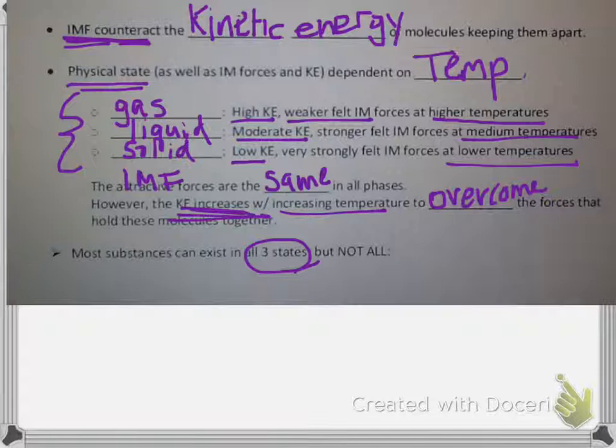For example, carbon dioxide. Carbon dioxide, we know generally at room temperature, at standard temperature and pressure, right? It's a gas. We breathe it out right now. And if we cool down carbon dioxide to the point where the intermolecular forces are stronger, more strongly felt than the kinetic energies of the particles, basically we've converted this gaseous carbon dioxide into solid carbon dioxide, which is known as dry ice.